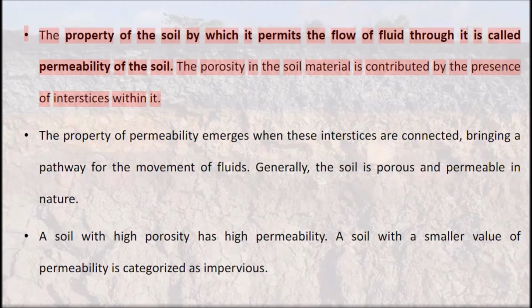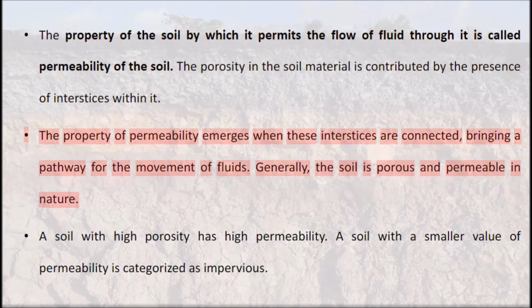The property of the soil by which it permits the flow of fluid through it is called permeability of the soil. The porosity in the soil material is contributed by the presence of interstices within it. The property of permeability emerges when these interstices are connected, providing a pathway for the movement of fluids.